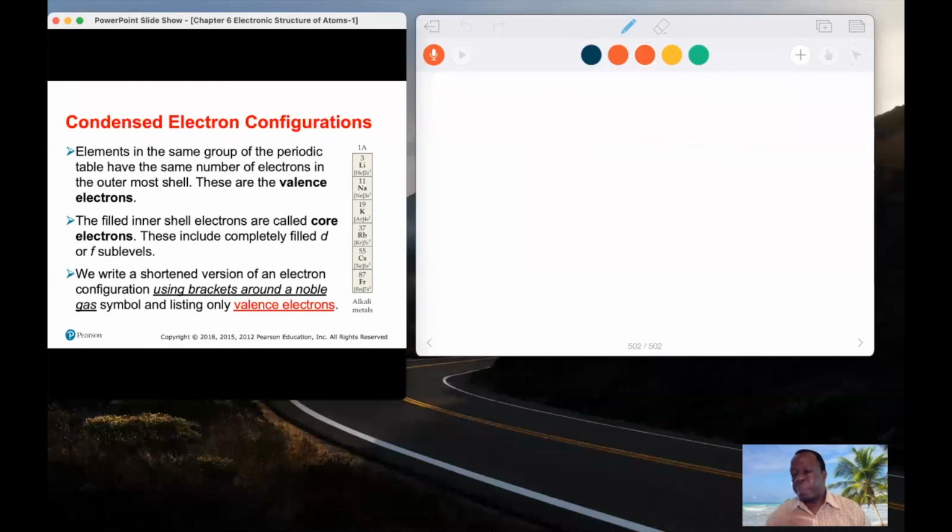The first ones we study are chromium, number 24, and copper, number 29. These elements' electrons do not follow the typical pattern. If you write it the typical way, you will end up with d4 and d9.